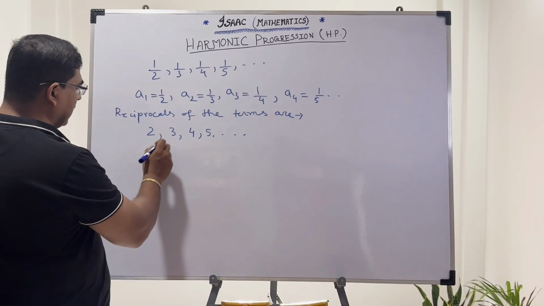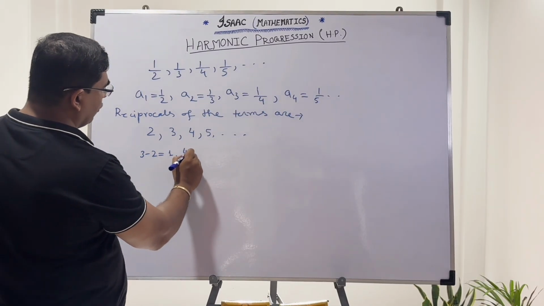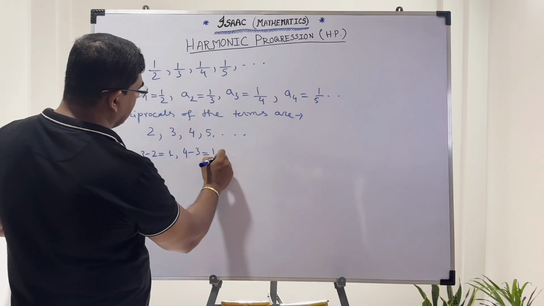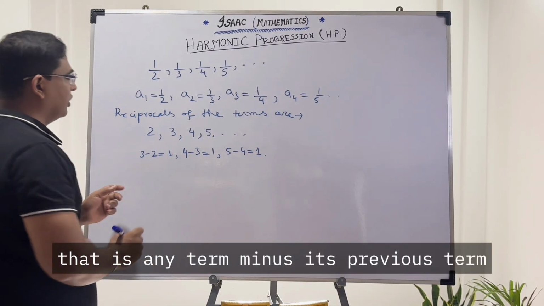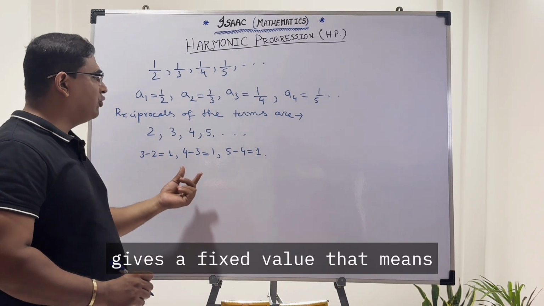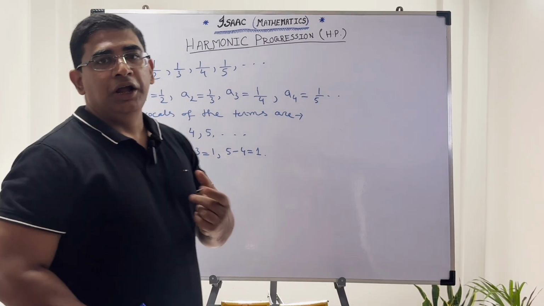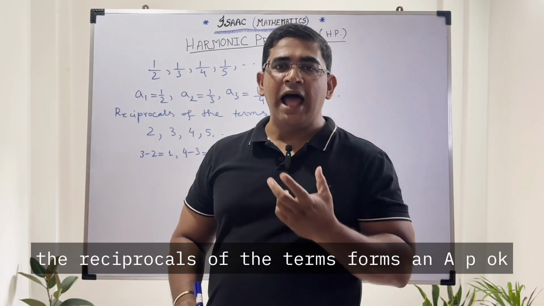Continues. Then 3 minus 2 equals 1, 4 minus 3 equals 1, 5 minus 4 equals 1. That is, any term minus its previous term gives a fixed value. That means the reciprocals of the terms form an AP.